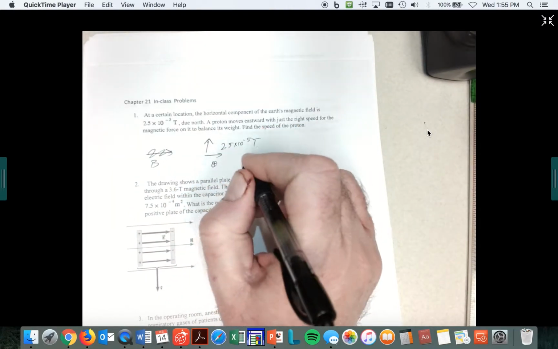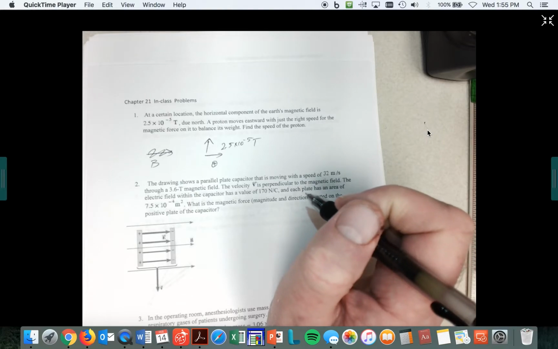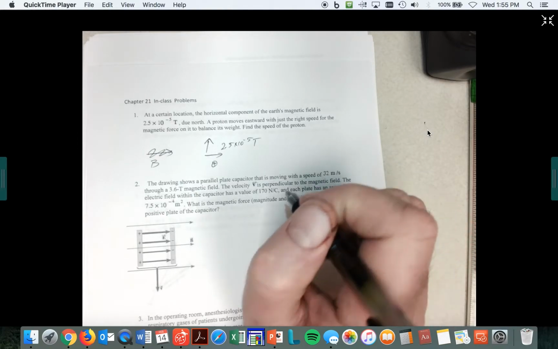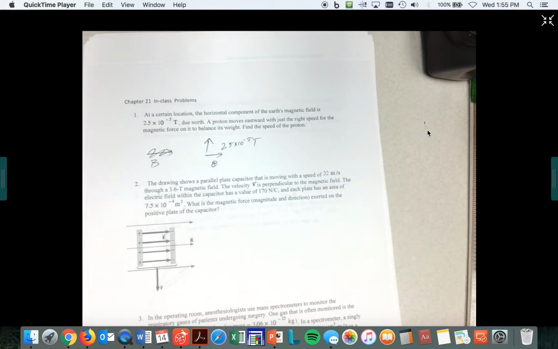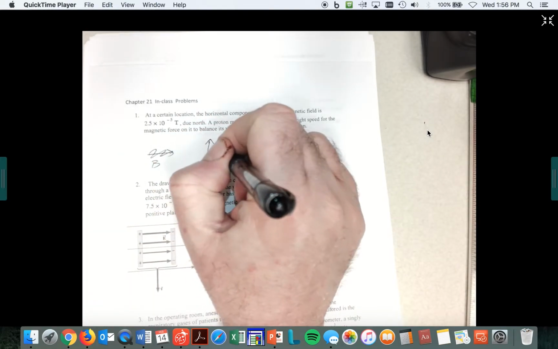A proton moving eastward with just the right speed for the magnetic force on it to balance its weight. Is that going to happen? Yes, it is, because look what happens.